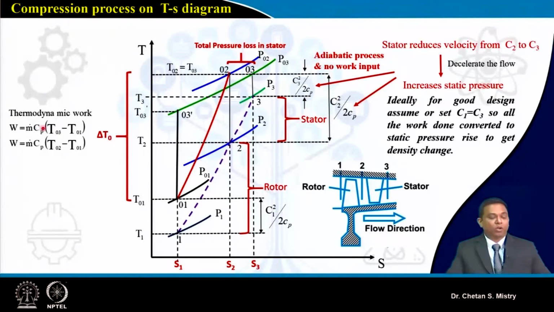Many times people get confused between T03 and T02. But remember, we have assumed the process happening in my stator is an adiabatic process. That's the reason why I am writing that as m Cp (T02 minus T01). So this is all about what is happening in a single stage of an axial flow compressor.